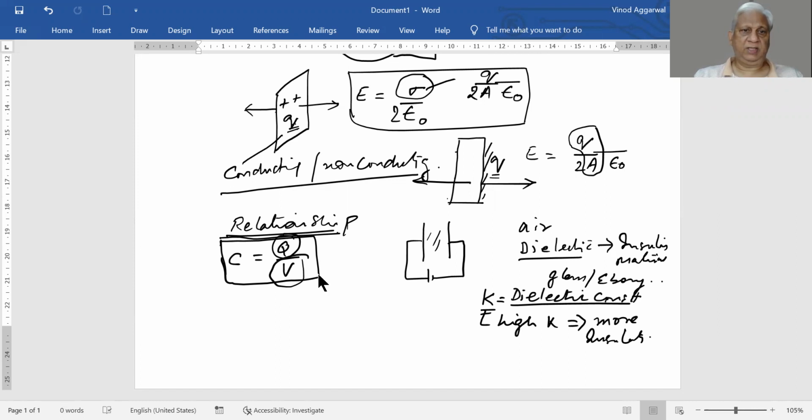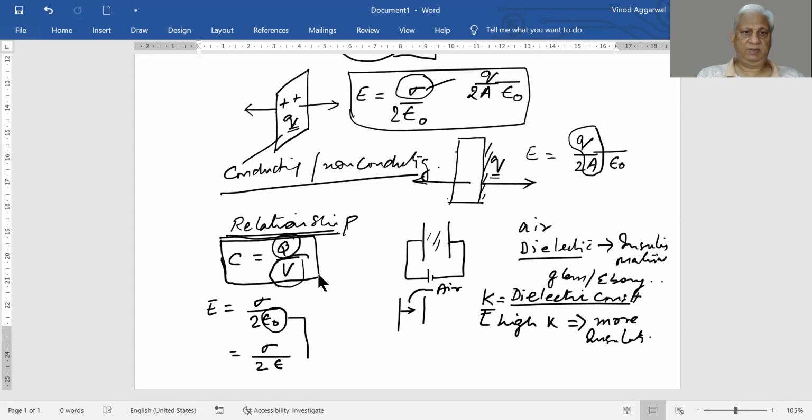Okay, so let's try to derive the formula for capacitance. We have seen E is equal to sigma by 2 epsilon naught. This is when we take any single plate and the media is air. For media air, we have epsilon naught. If the media is not air, then we have to replace it with actual epsilon.